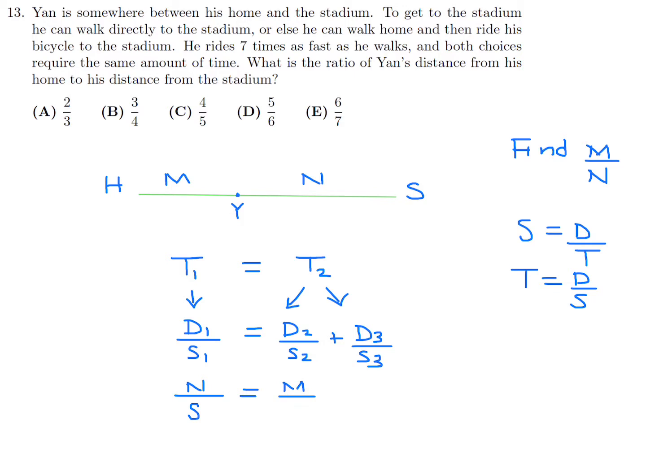He's walking, so that's again just S. Now D3 is all the way from home to stadium, so that distance is M plus N. And this speed, he's riding his bike, which is 7 times as fast as he walks. So it's 7S.